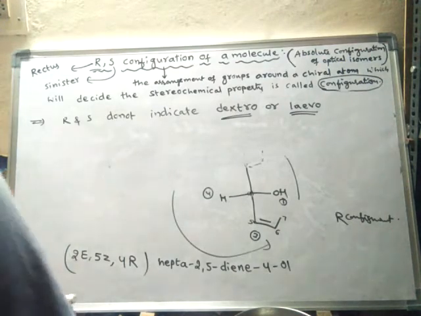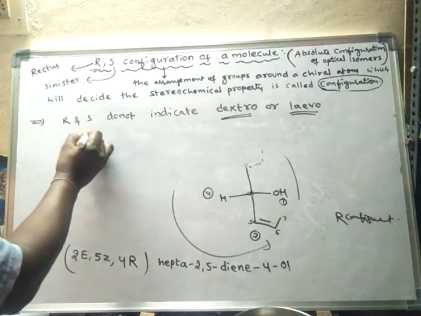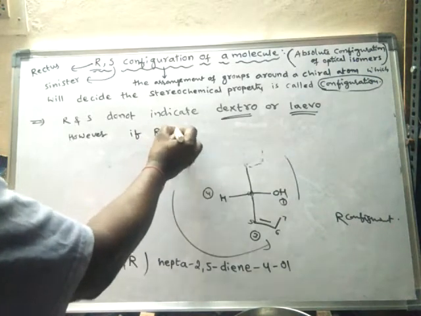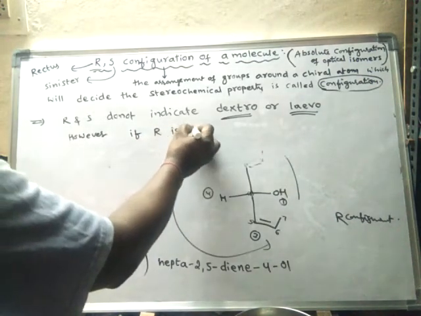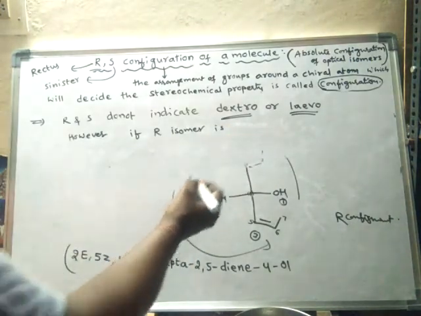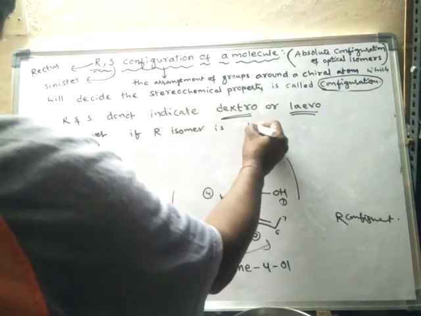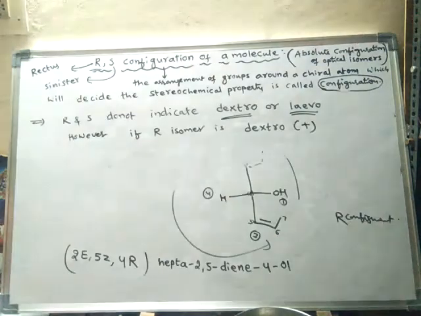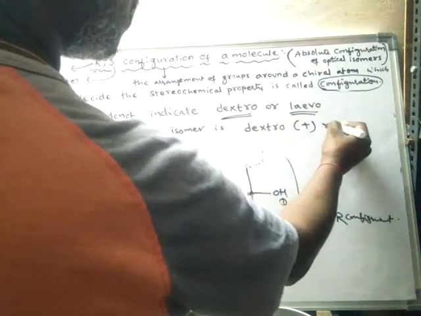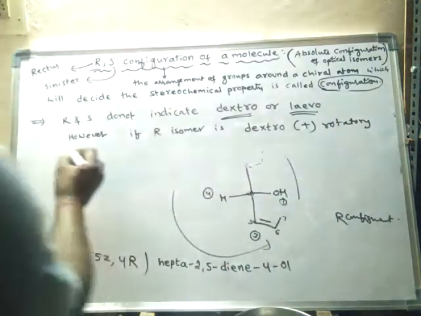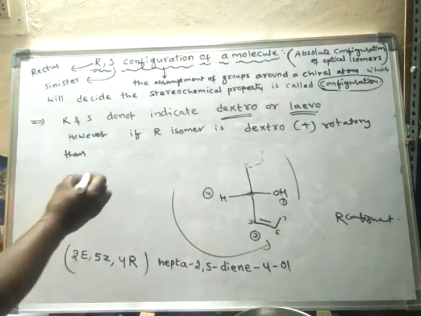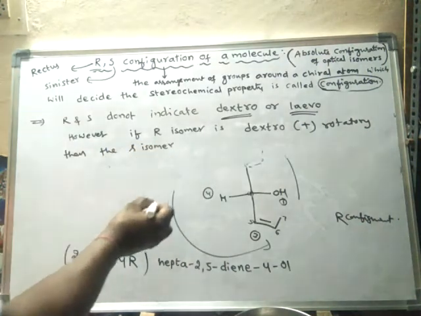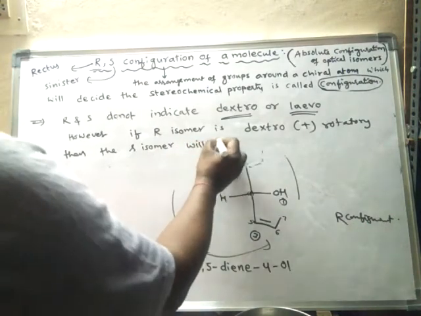However, if the R isomer is experimentally proved as dextro, dextro means plus, dextro rotatory, then automatically the S isomer will be the levo isomer.